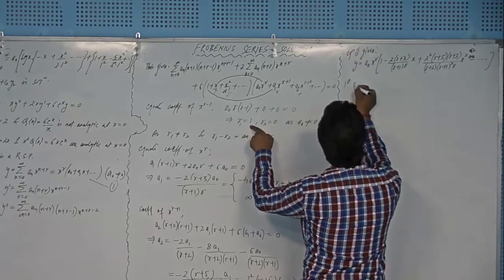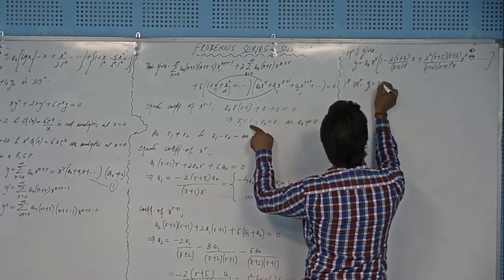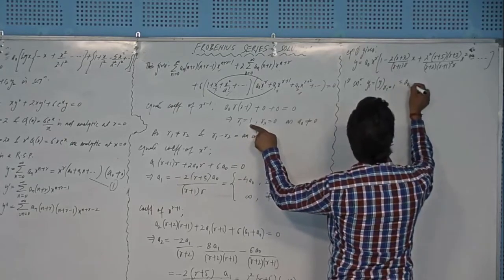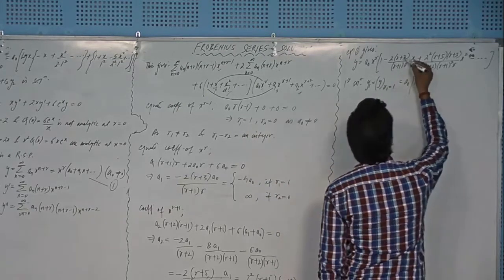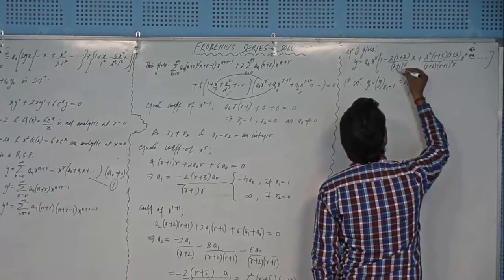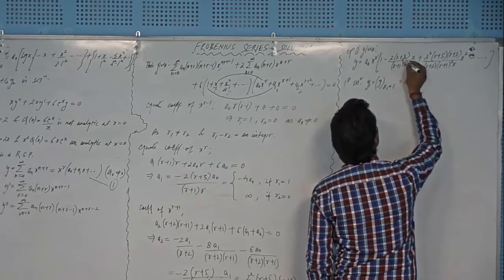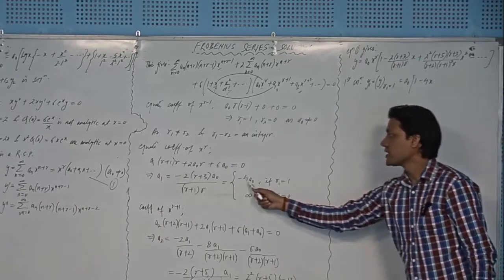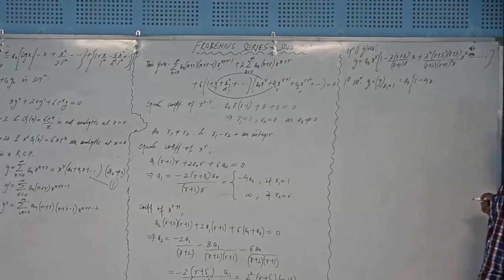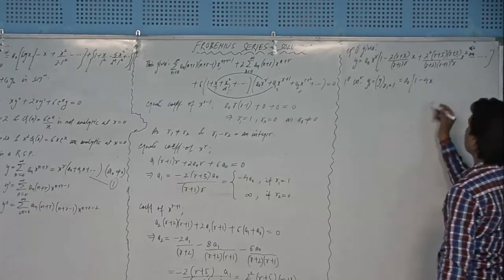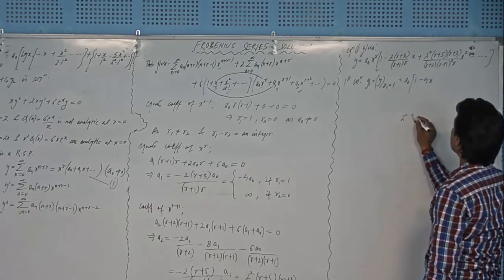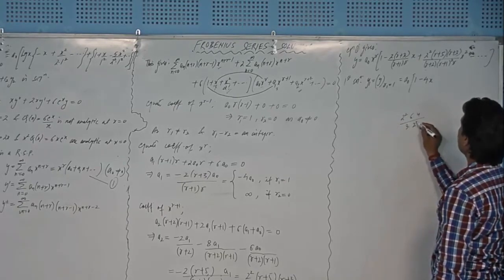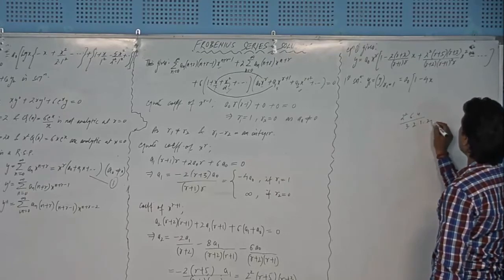So first solution, that is y1, is equal to y evaluated at r1 equal to 1. You should put r equal to 1 here. You will get a naught minus, put r equal to 1, this will be 4 and this will be 2, 2 will be cancelled, 4 by 1, I think this will become 4x, right? Okay, and this is also minus 4 a naught x, so that's fine. And you should put r equal to 1 here. You will get, I will do that calculation here, 6 4 over 3 2 square and 1 and 2 square, right?